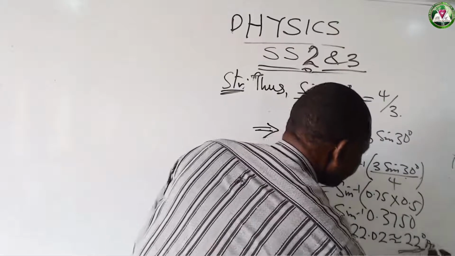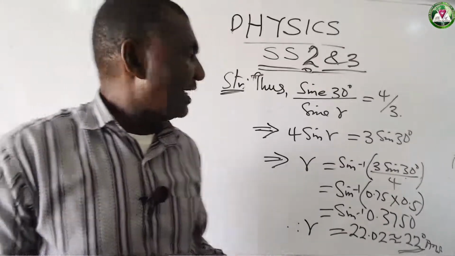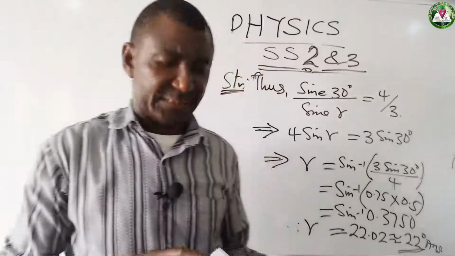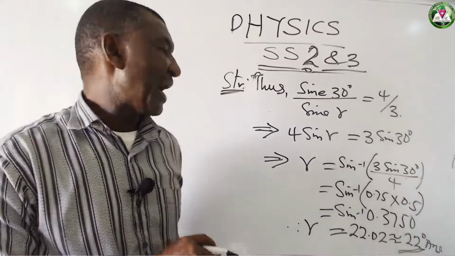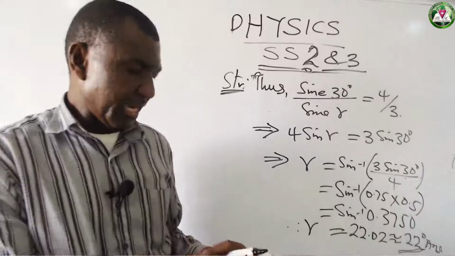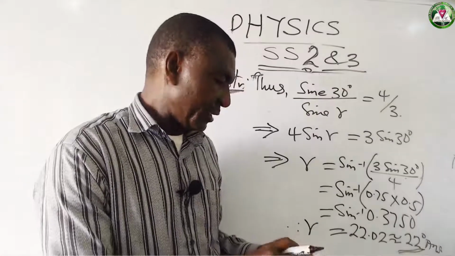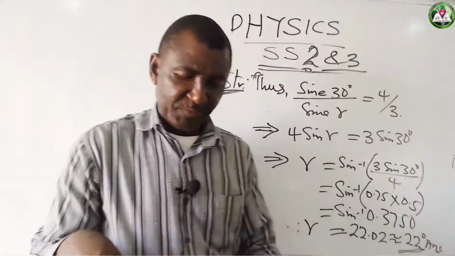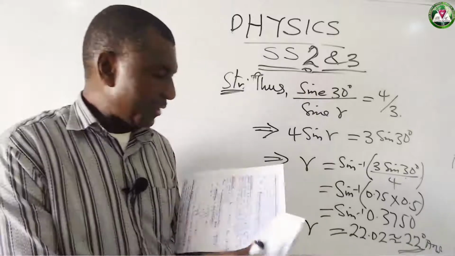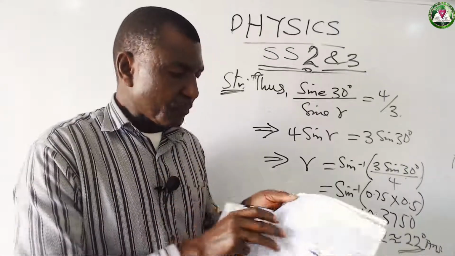That's your answer. So when our incident angle is 30 degrees, our angle of refraction is approximately 22 degrees, and the refractive index is 4/3. So that's how to apply that particular area.